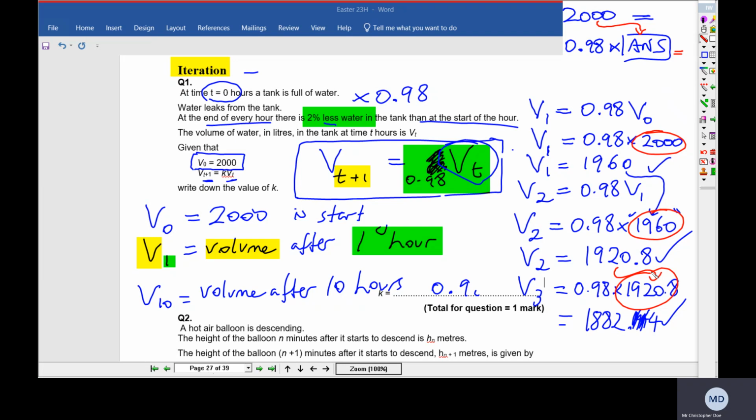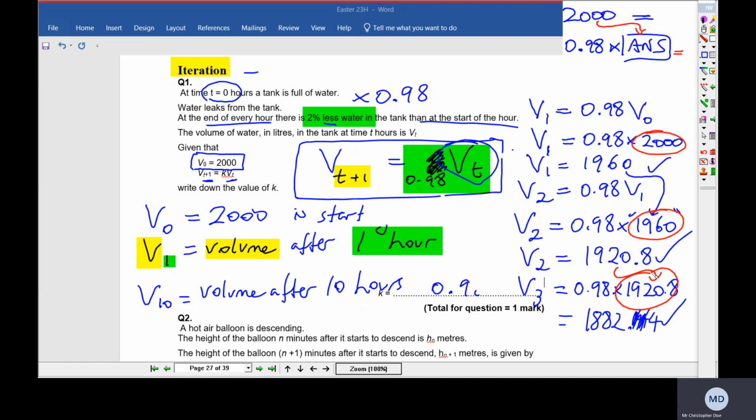But either way, pressing the equal sign a few times is a lot quicker than writing out this and this and this. So in real life, you would do it the equal sign way, but in an exam question, which is quicker, I don't know really, it depends on the formula and how tricky it is to type it in. You can do it either way.